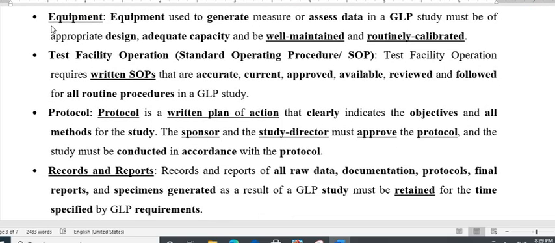Now we have to go through the equipment. Equipment used in GLP should be of appropriate design, adequate capacity, well maintained, and the most important among all these points is routinely calibrated. So equipment should be routinely calibrated and well maintained, so that the measurement is accurate. So this is important.